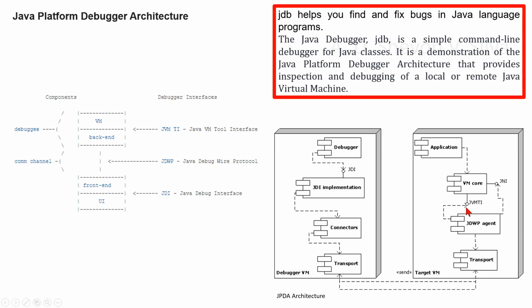The JDWP agent is connected to JVM TI, and the JDWP agent is connected to JNI, and JNI interacts with the VM core. Here JVM TI interacts with the VM core. The JDWP agent is connected to transport.